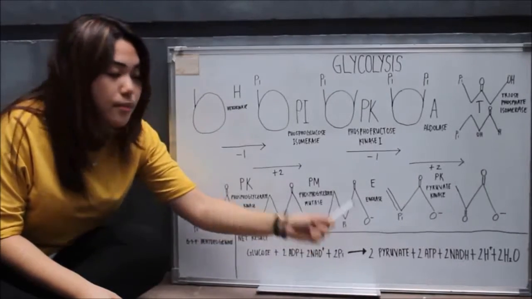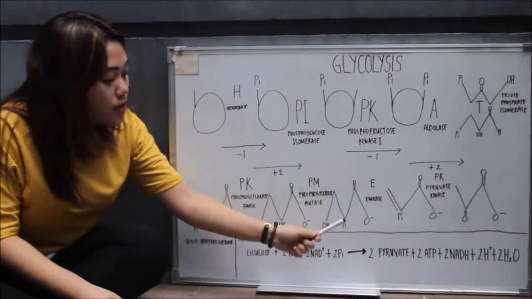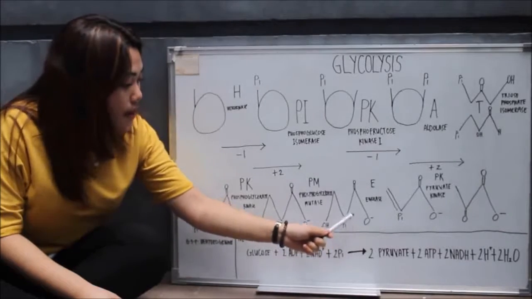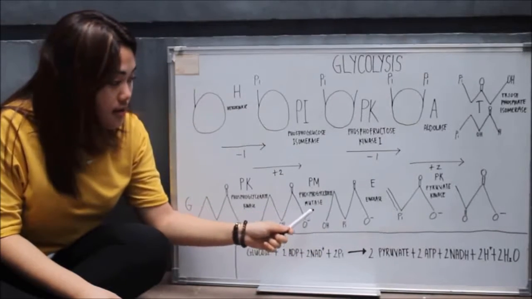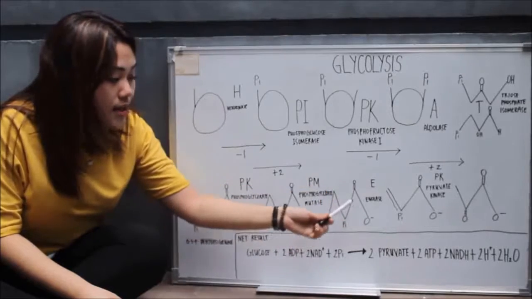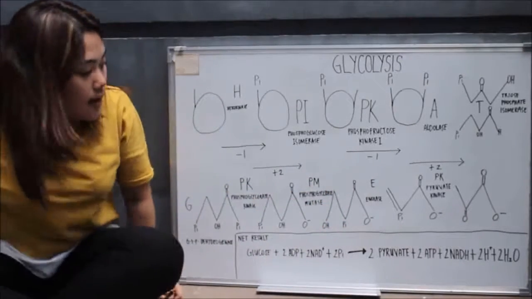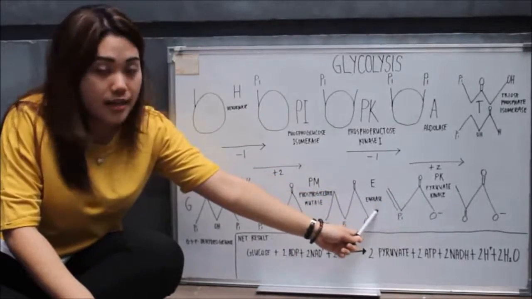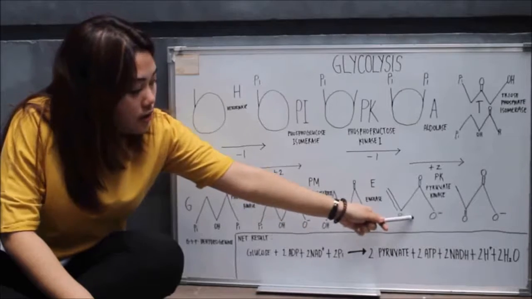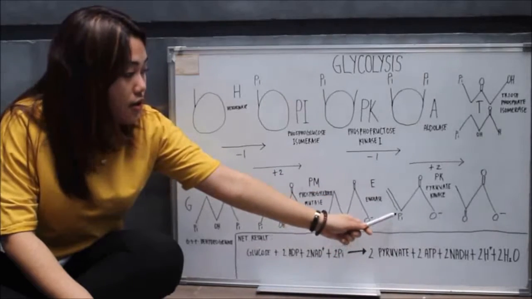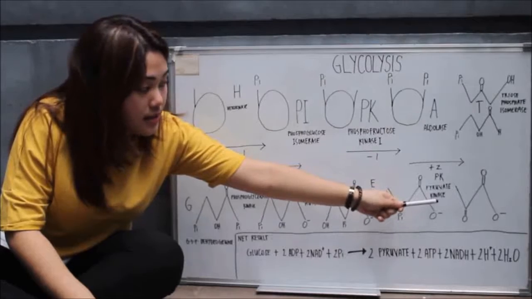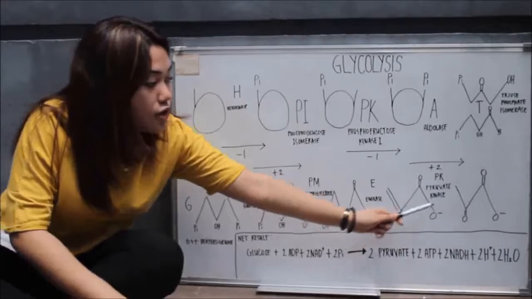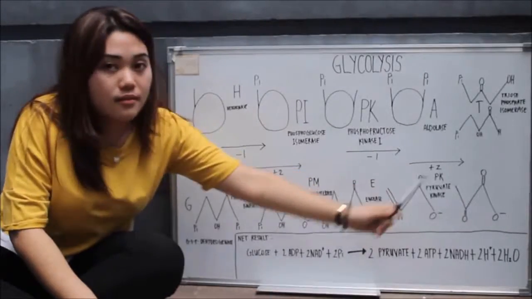In the third M, you will observe that the phosphate group is then moved to the middle by the phosphoglycerate mutase. So this third M is then converted into an enol group by the enolase, and the phosphate group is still present here. But using the pyruvate kinase, the phosphate here will then be removed, turning it into pyruvate.